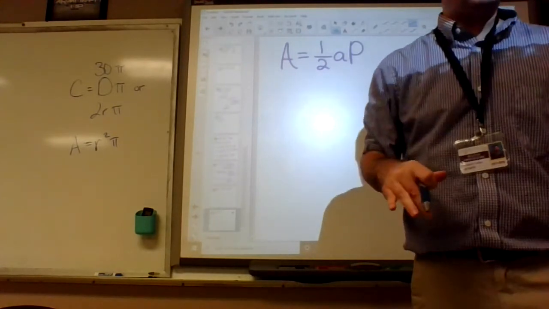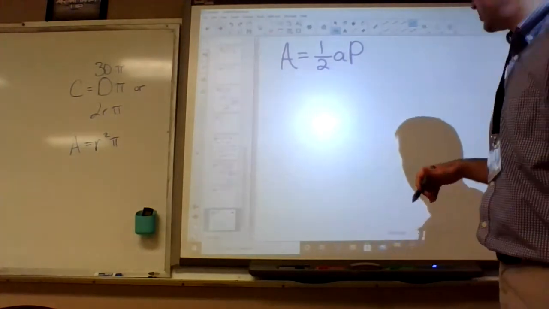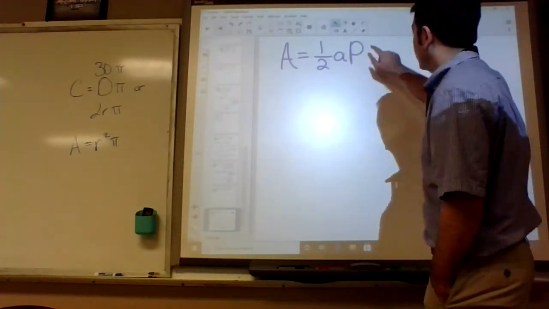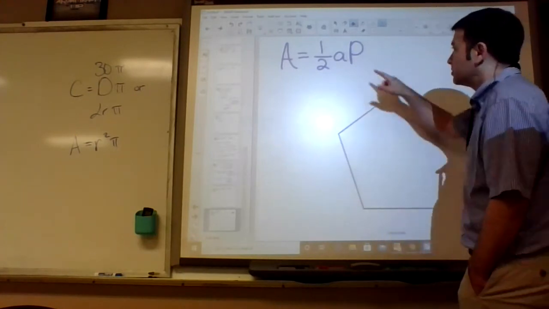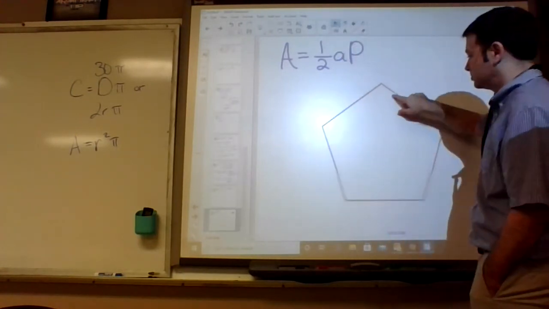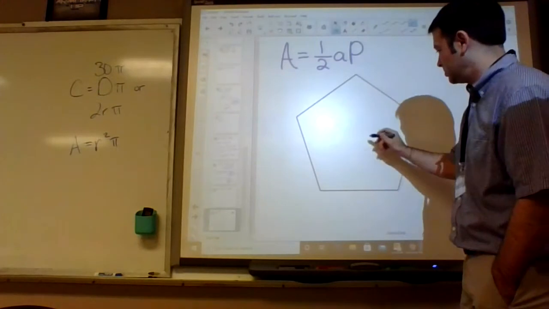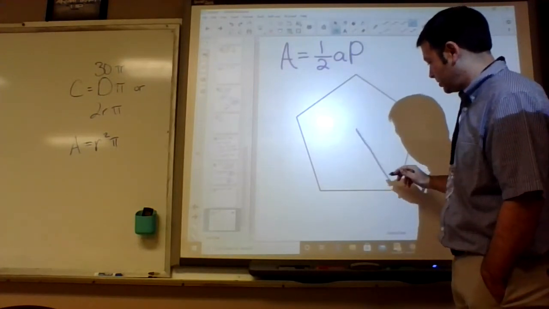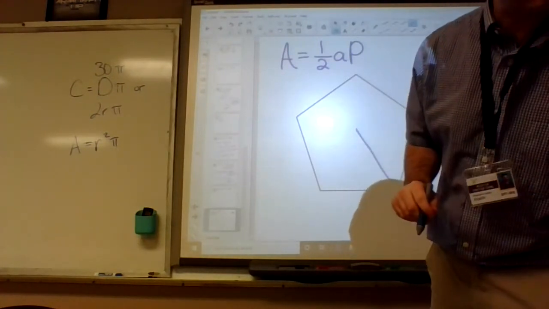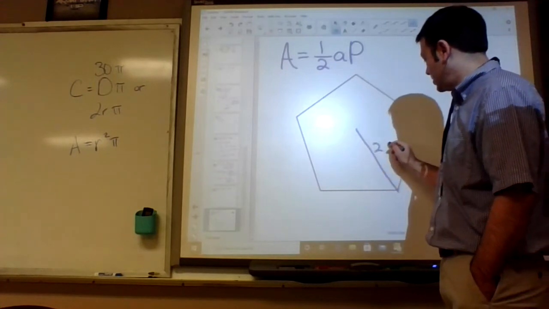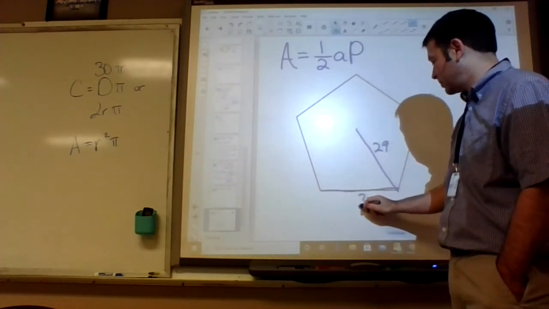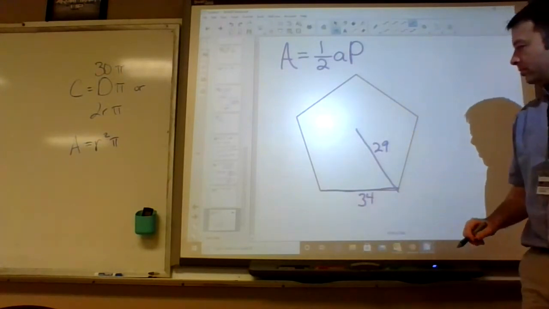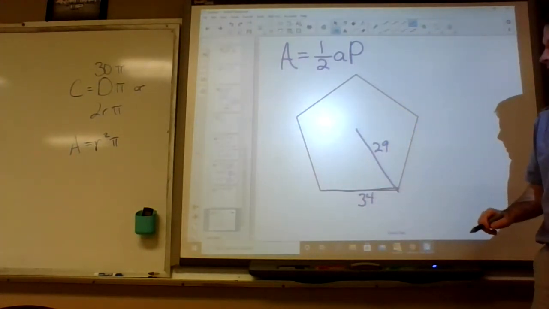So I'm looking at number 18. That's where we need that one. Let's draw the little thing. Okay, the perimeter. The radius was 29. This is 34. So, where's the apothem in this picture?